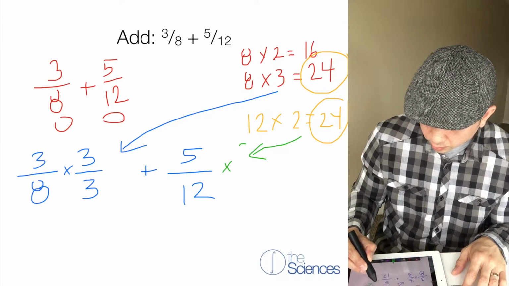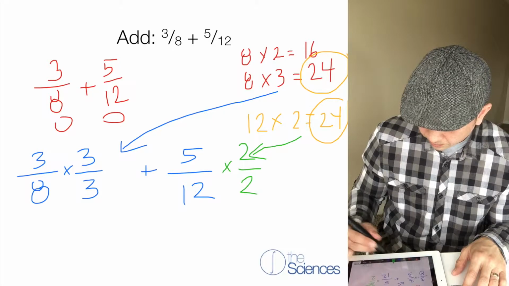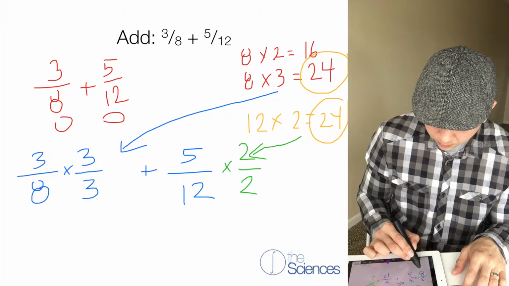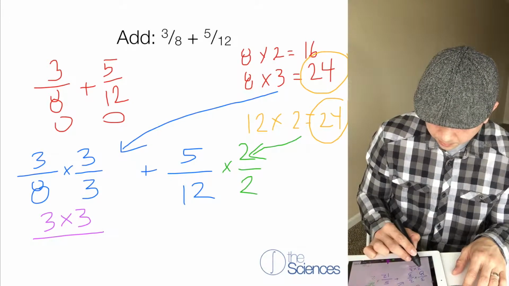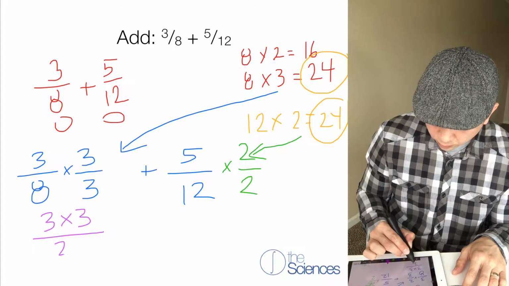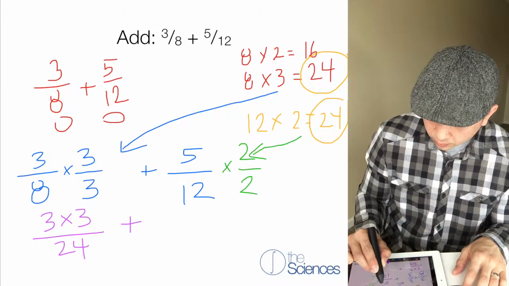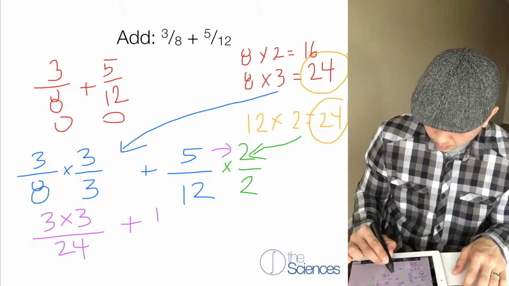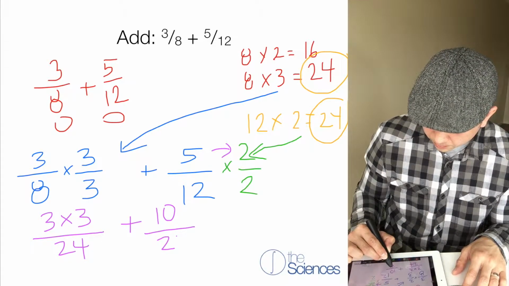So we're going to multiply the numerator by 2, and we're going to multiply the denominator by 2. So now we have 3 times 3 over 8 times 3, which is 24, plus 5 times 2 is 10 over 12 times 2 is 24.